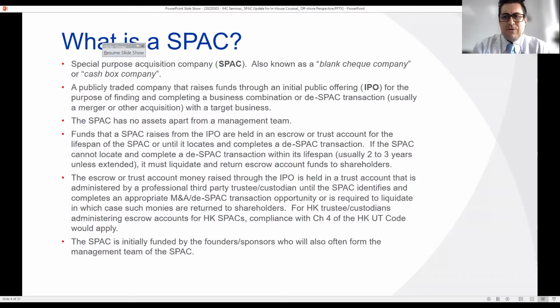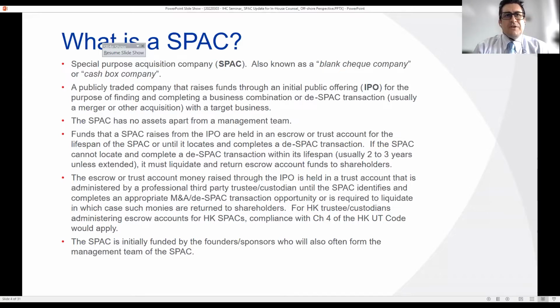So in terms of the investment proposition for investors, the SPAC is set up as a plain vanilla Cayman Islands company, or a company in the jurisdiction in which the SPAC is to be set up. It will be constituted with an initial board of directors and a single shareholder, or maybe a handful of shareholders. Usually it's only a single shareholder that would act as the sponsor of the SPAC.